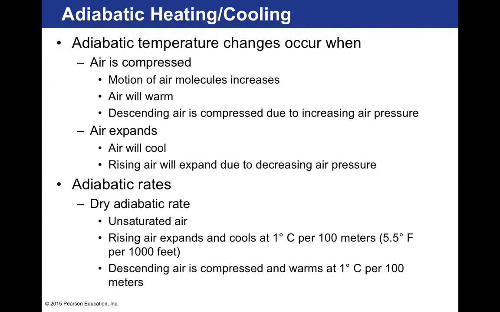So we have something called the adiabatic rates, which basically say how much the temperature changes per altitude. The dry adiabatic rate refers to unsaturated air, and rising air expands and cools at only 1 degree Celsius per every 100 meters. Descending air would be compressed and warm at that same rate, just in the opposite direction.